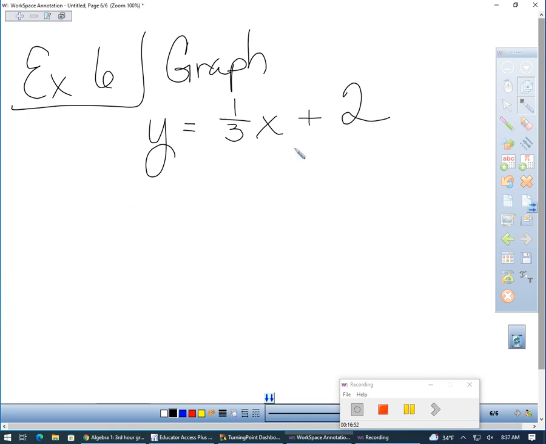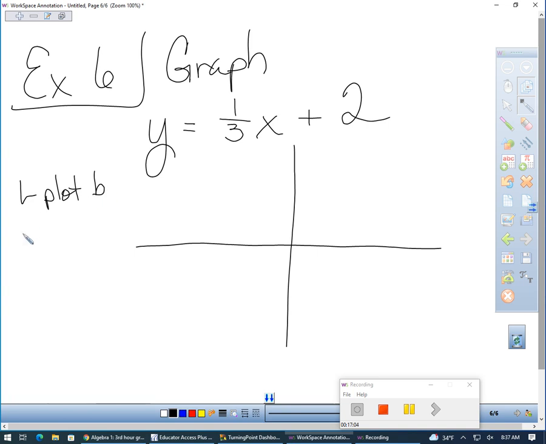When we graph this line, step 1, you want to plot the b. So on the y-axis, you're going to put a dot at where the b goes, which is where? 0, 2. Very good. So in this case, we're going to plot the b at 0, 2. So right here on the y-axis, I go right there and put my dot.